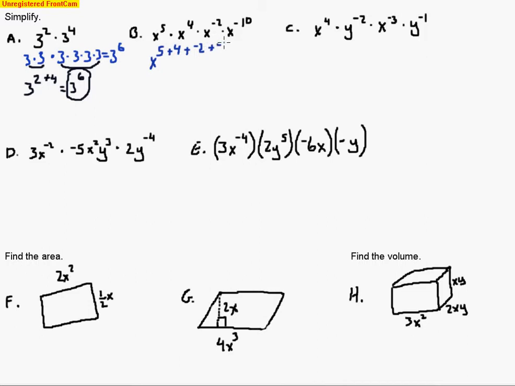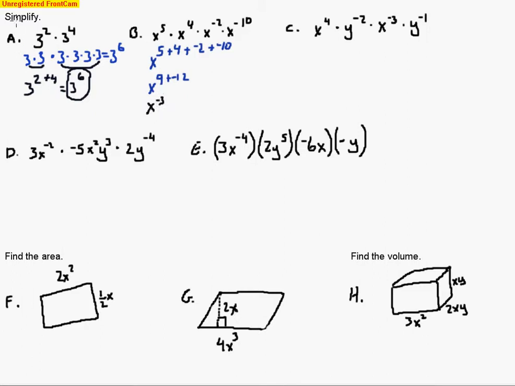And then we also have negative 10. So 5 and 4 make 9. Negative 2 and negative 10 make negative 12. Because they have opposite signs, we subtract, and we're left with x to the negative 3rd power.